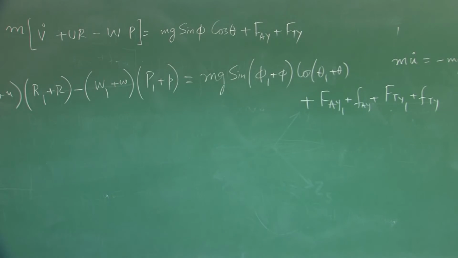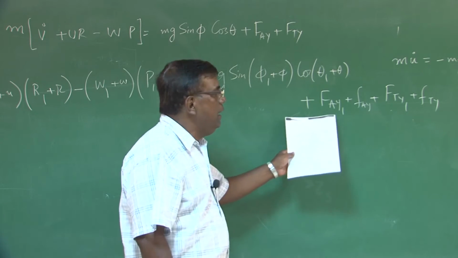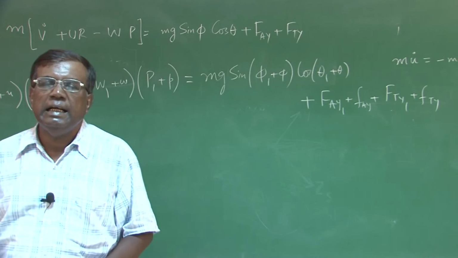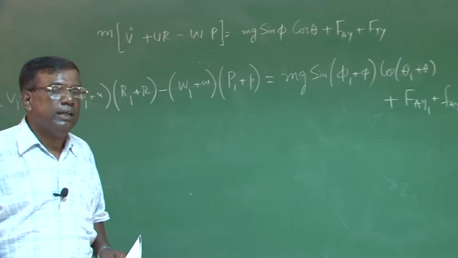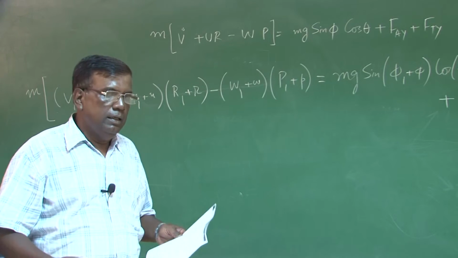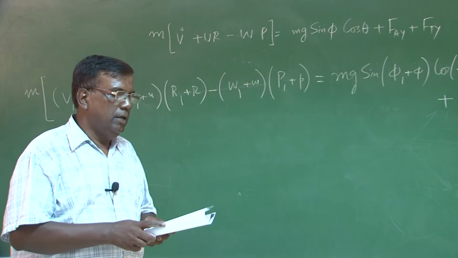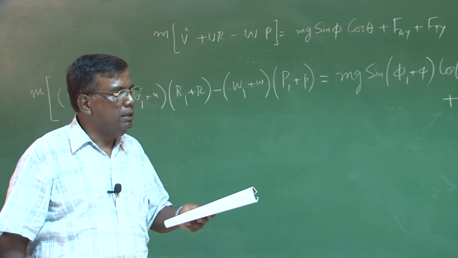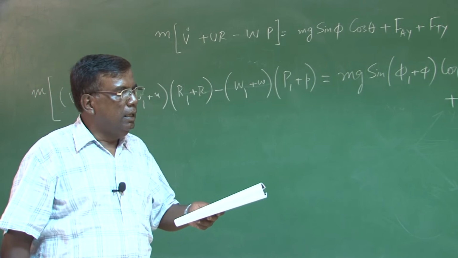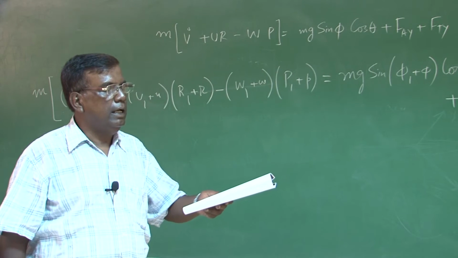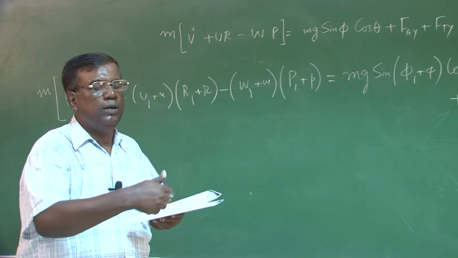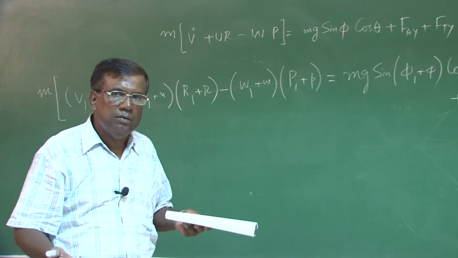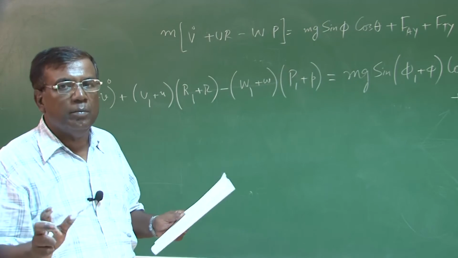Let us try to see what these terms are, especially F ay 1, the aerodynamic force acting along the y direction. You can understand, if the airplane is cruising just like this, and if there is no side wind or side component of velocity, there should not be any force along that direction normally.